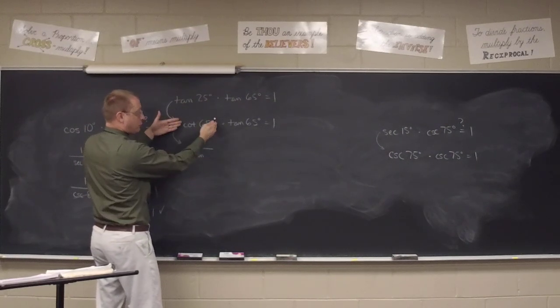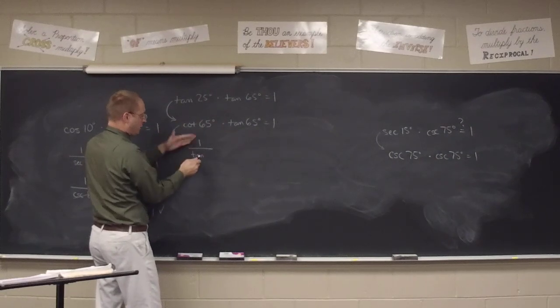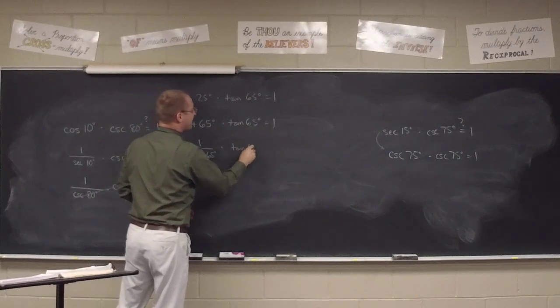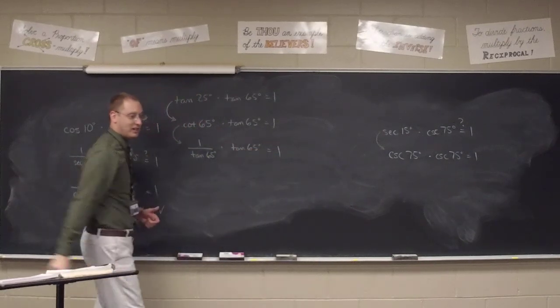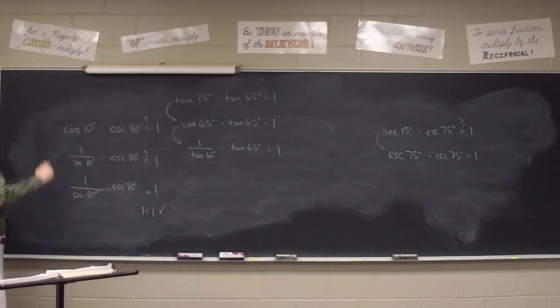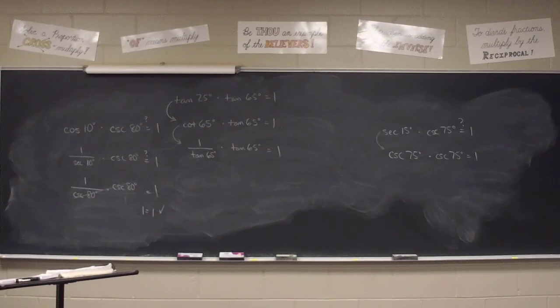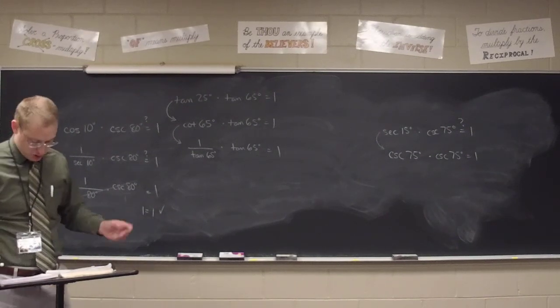So the reciprocal of cotangent is 1 over tangent, not 1 over cotangent, but 1 over tangent 65. Ah, sure enough, is this going to equal 1, class? Yeah, check it on your calculator. Tangent of 25 times the tangent of 65. Does that equal 1? Sure enough.